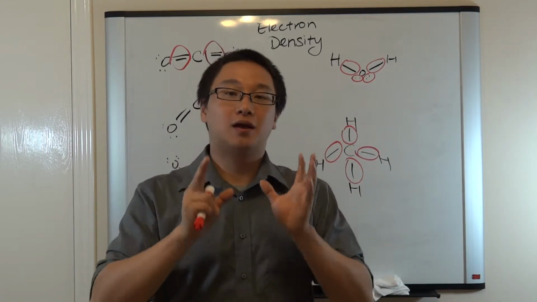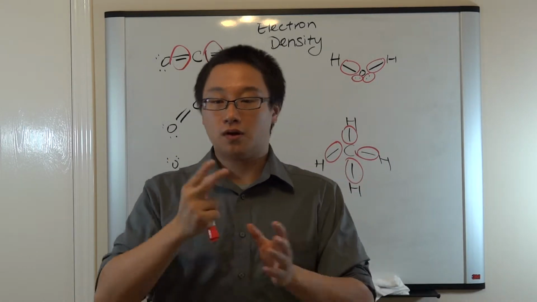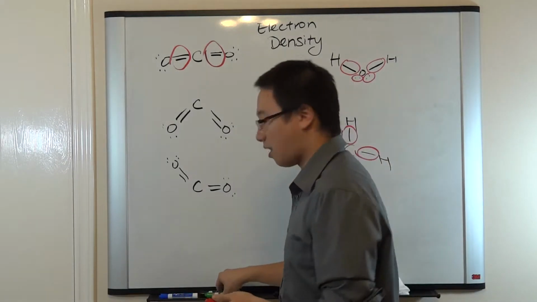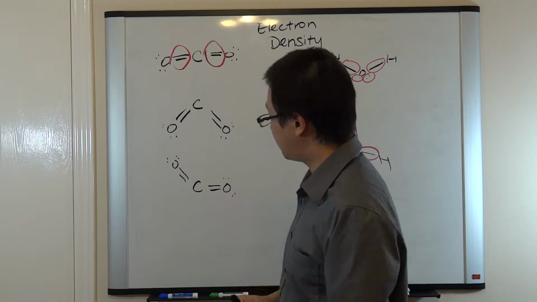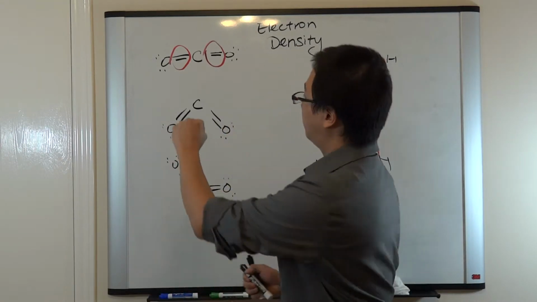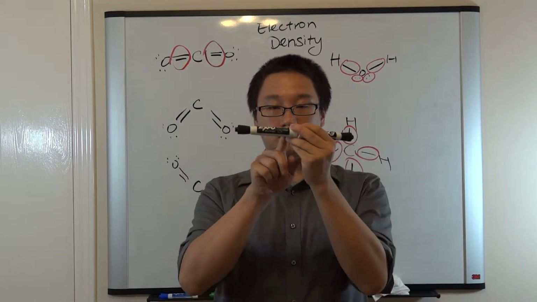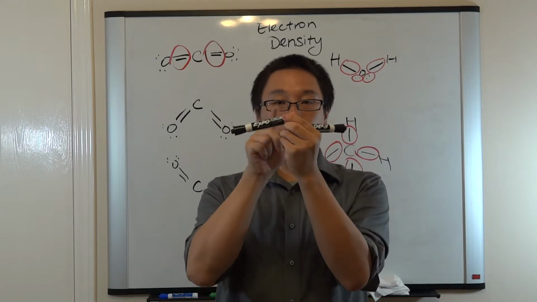Now I'm going to make some very simple tools that you already have on your table. Let's get some pens or pencils or markers. So now I'm going to do this example. Consider my fist as the carbon atom right here, and consider these two markers, the marker right here, as my double bonds.